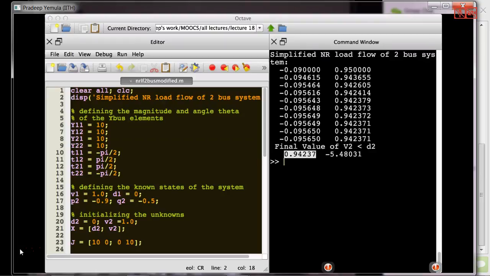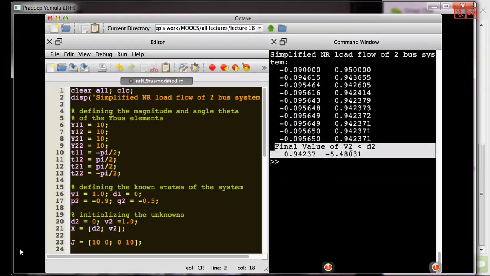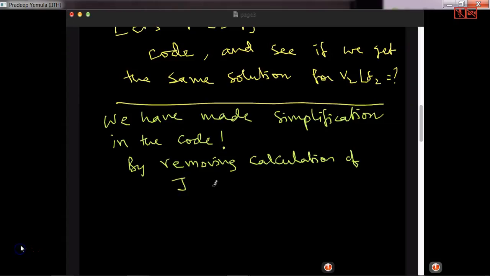So let me write down the solution here. Inside the for loop, J is not calculated and J inverse is also not calculated.